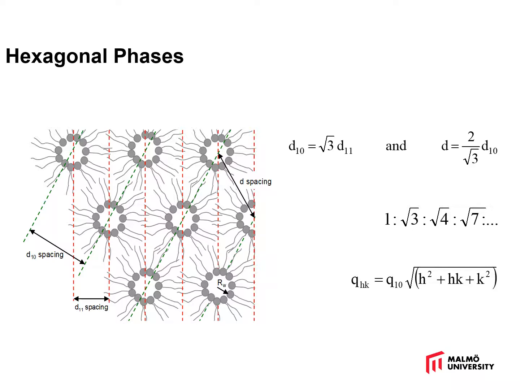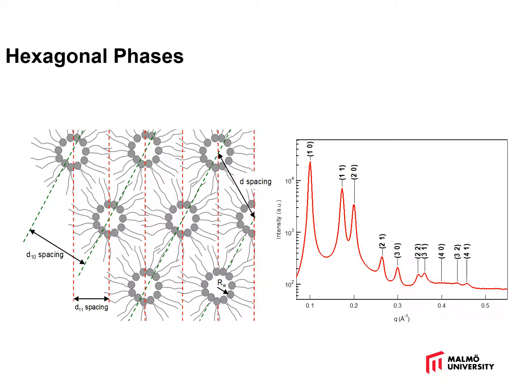It's essentially a two-dimensional array of hexagonally arranged cylinders projecting out of the page. And again, there's a periodic structure with several characteristic length scales. And these lead to constructive interferences, which give characteristic peaks, which are indicative of the spacings which make up the arrangement of the hexagonal phase. Now, we'll be dealing with these two cases in the practical sessions.